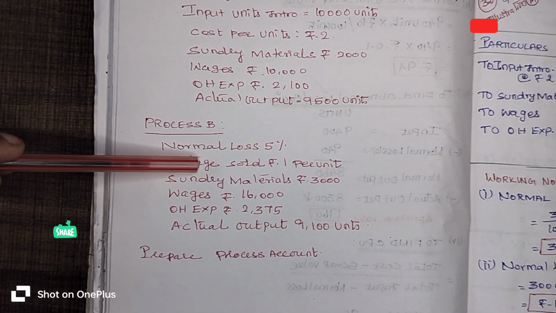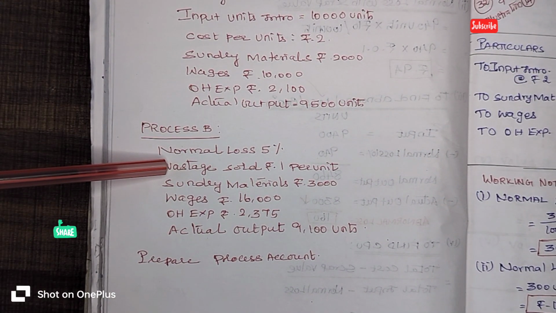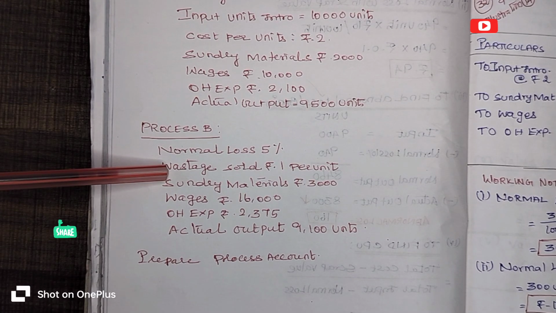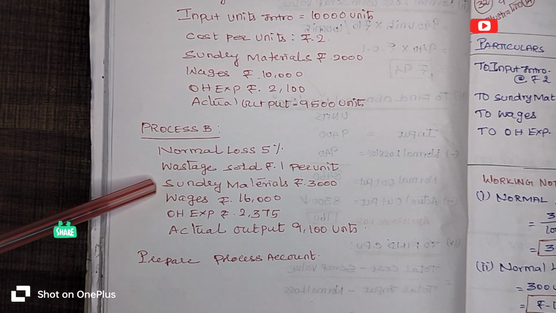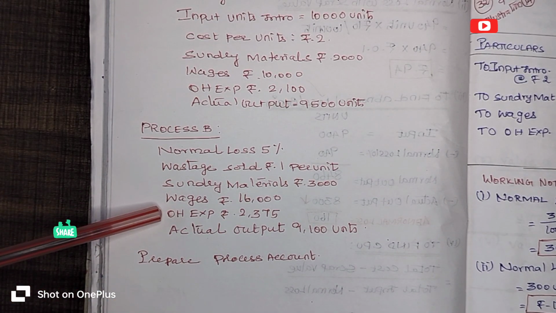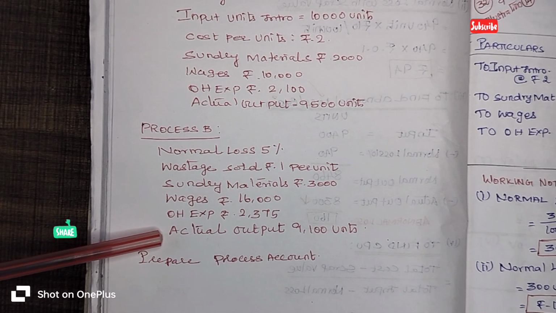Process B has normal loss 5%, calculated on the input units. Wastage sold is the scrap value for process B, 1 rupee per unit. Sundry material 3,000 rupees, wages 16,000 rupees, other expenses 2,375 rupees, and the actual output 9,100 units.